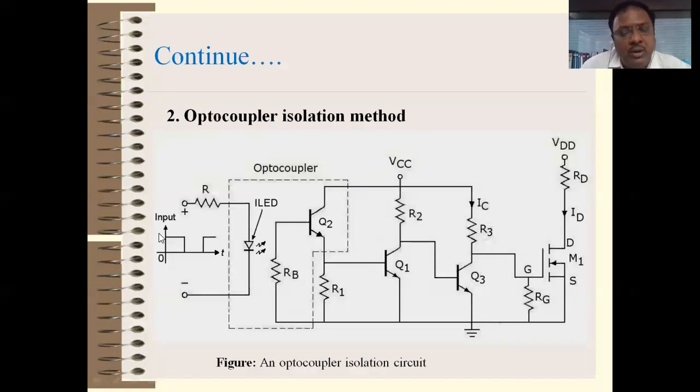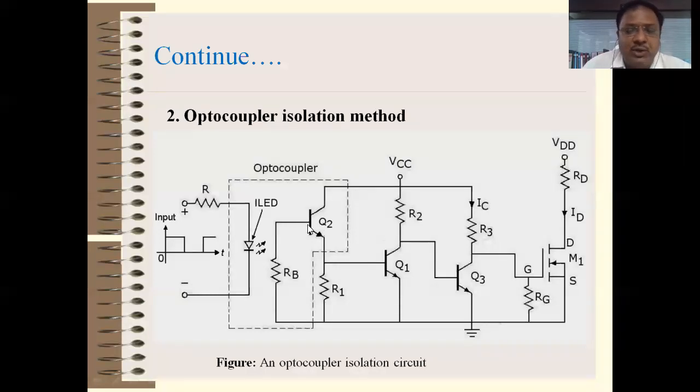Now we will see again the operation of this circuit. If an input pulse is present, the LED turns on. If the input pulse is absent, the LED turns off, right? So when the LED turns on, it emits light. This light falls on the base of transistor Q2, right?